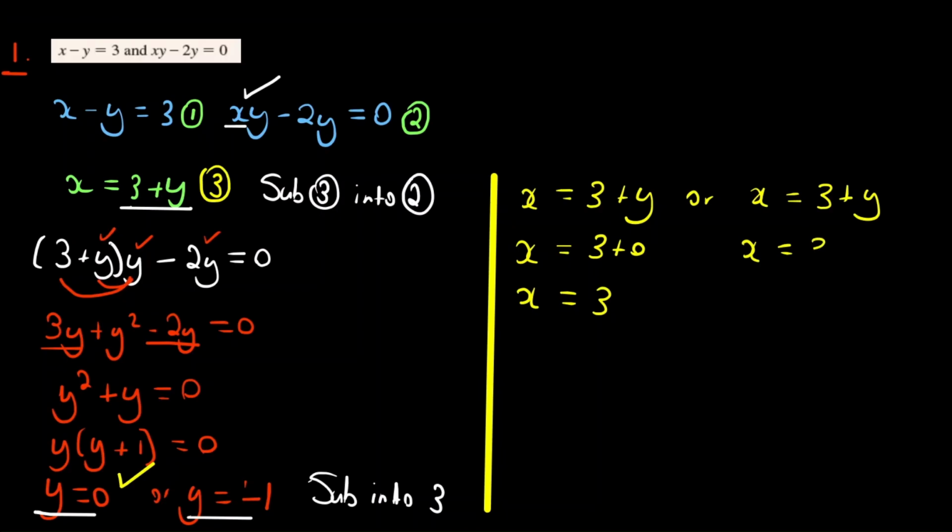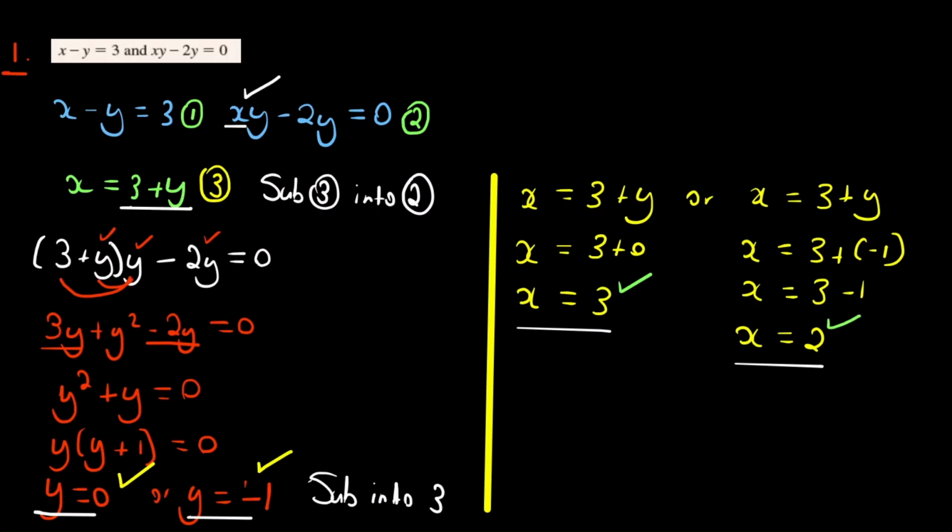We substitute our y value, which is negative 1, to be plus negative 1 in brackets, which is the same as 3 minus 1, which will be x is equal to 2. So therefore, our solutions for x are x is equal to 3 and x is equal to 2. These are the two solutions.